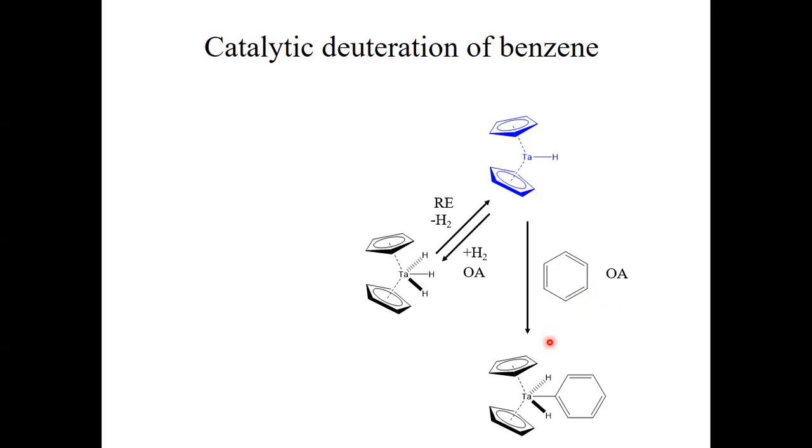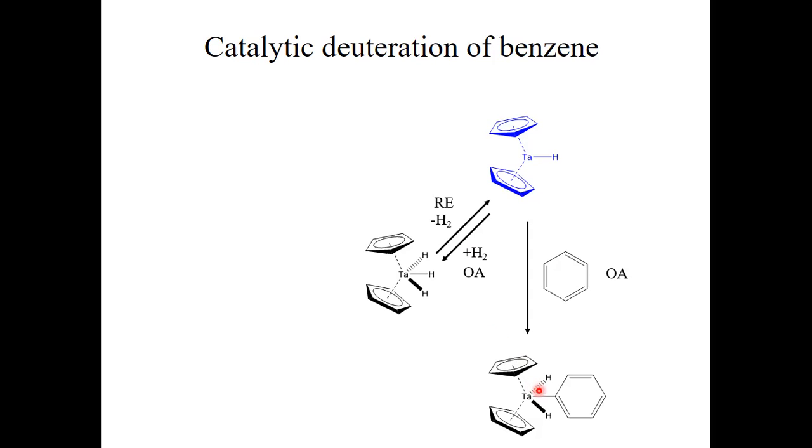So we can verify that this is an oxidative addition by seeing that here we have now more ligands than over here. And here again, we also have a higher oxidation number. While here we have tantalum in the oxidation state +3, we have here tantalum again in the oxidation state +5.